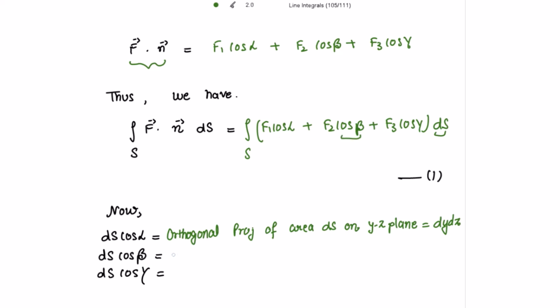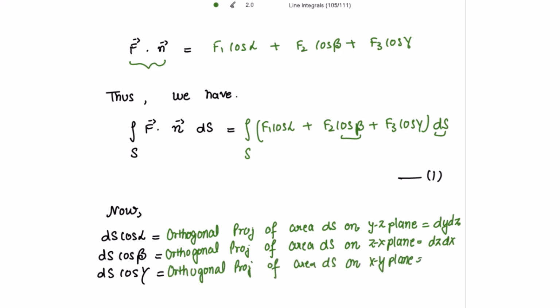It is the orthogonal projection of area dS on the zx plane, which is also equal to dz dx. And dS cos gamma is the orthogonal projection of area dS on the xy plane, and it is equal to dx dy.